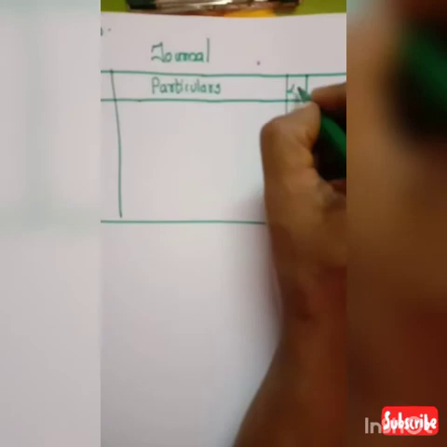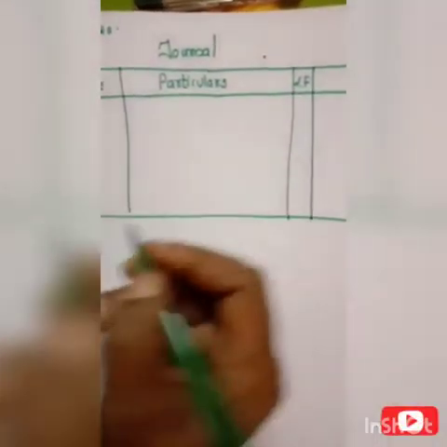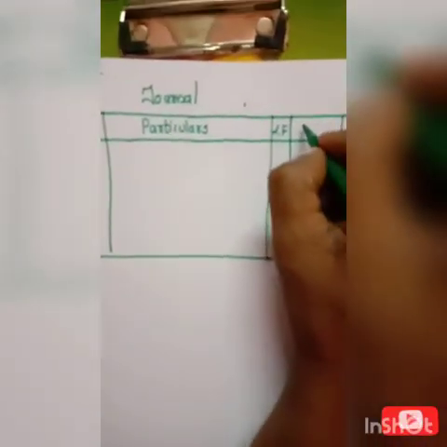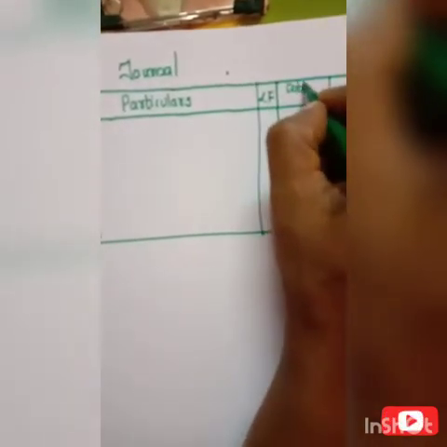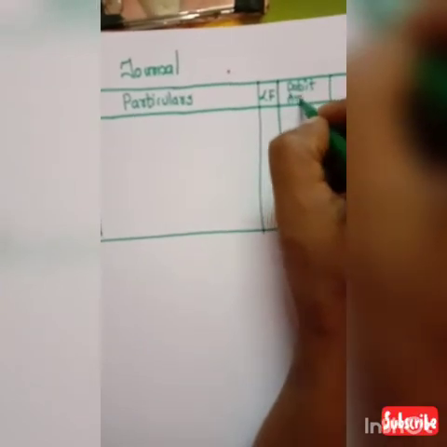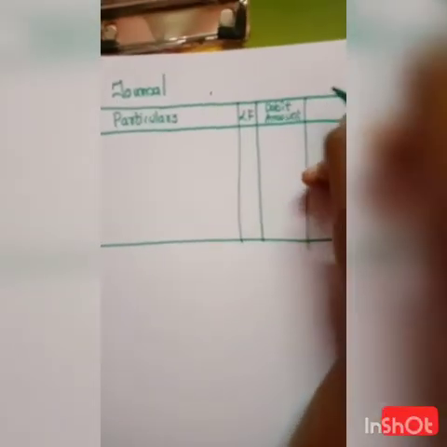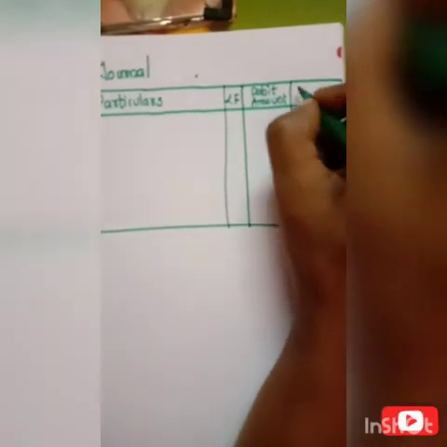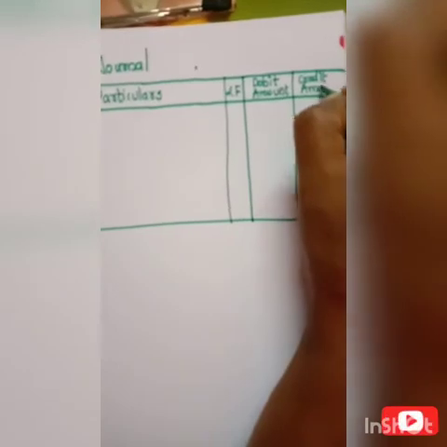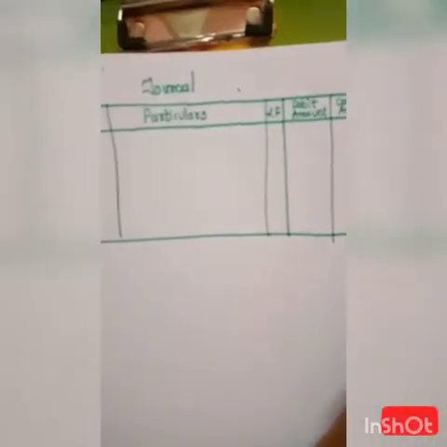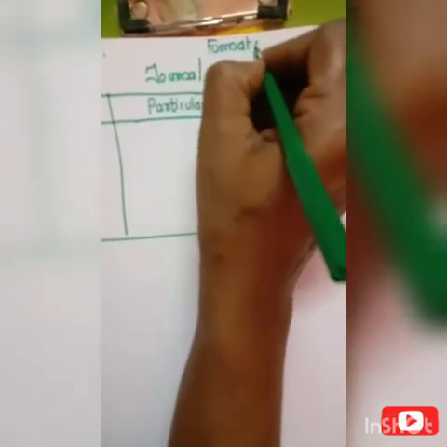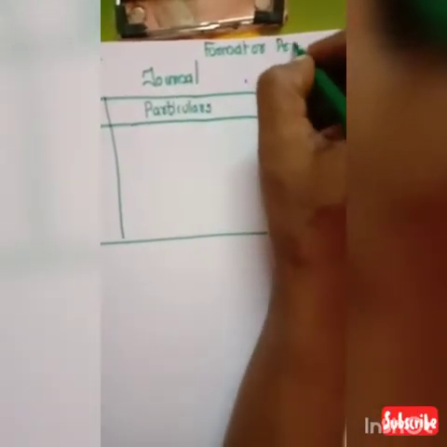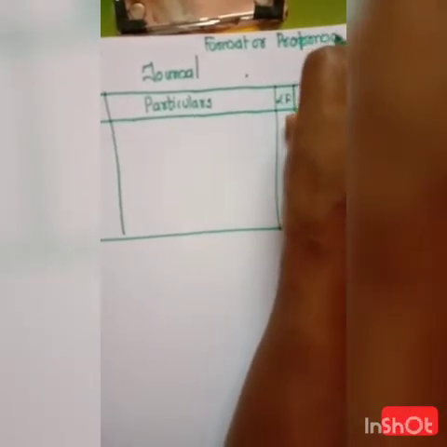Then the third column LF column, the fourth column debit amount, and in the last column we are showing the credit amount. This is the format or the proforma of a journal.